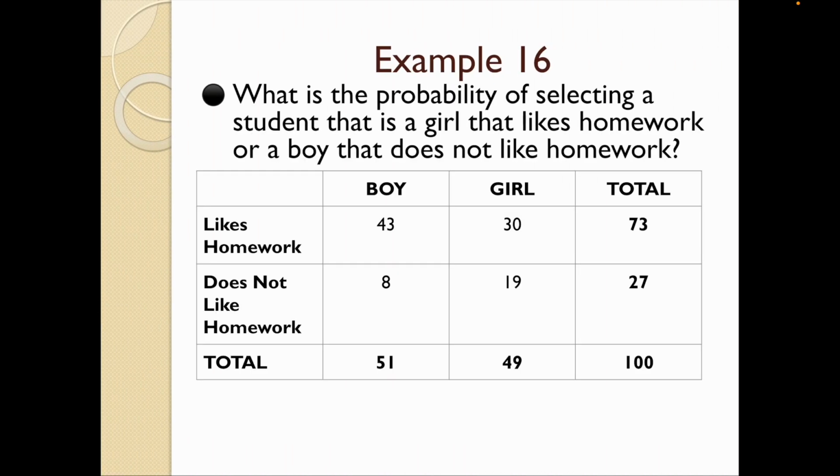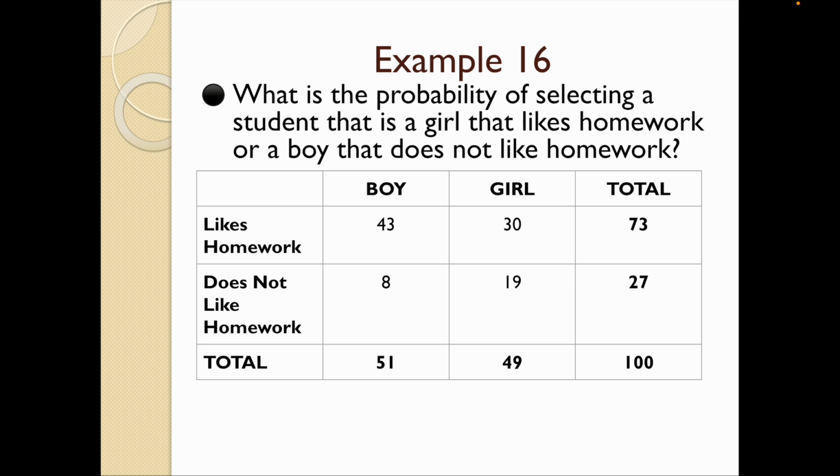Okay, so what is the probability of selecting a student? Notice what it says. Selecting a student that is a girl that likes homework or a boy that does not like homework. So we see the group that we're selecting from as student. 38 out of 100. How did you get that?